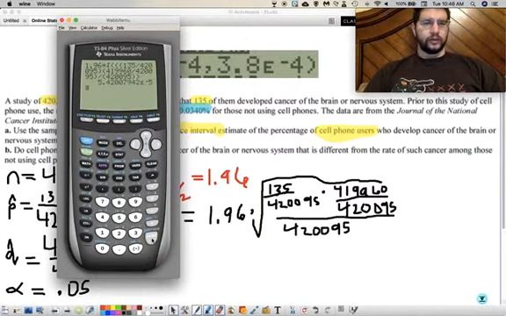And this one I know how to store in. I'm going to take that and hit the store button. You can choose any letter. I like to use the X button because I don't have to hit alpha first. And now that's X.